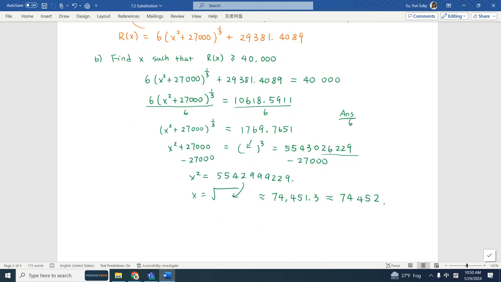I think my answer key is wrong. That's the problem with the cube one. Yeah, I think the answer was different from mine too. I got 5543038... 25538. Oh, okay. I see.